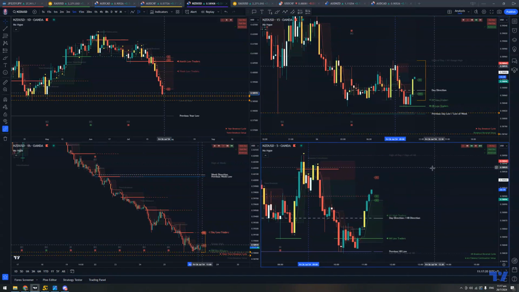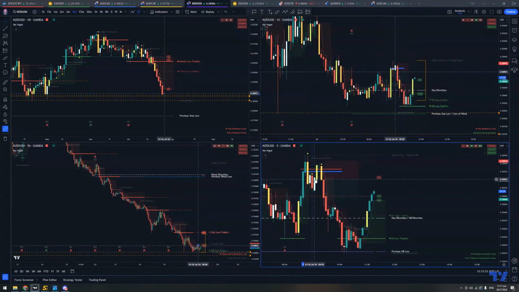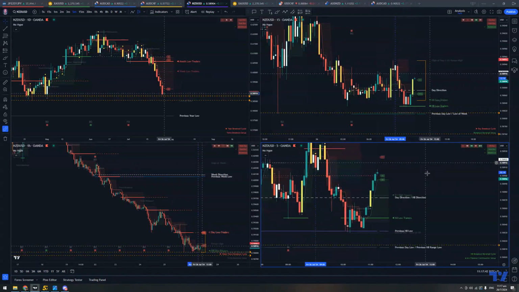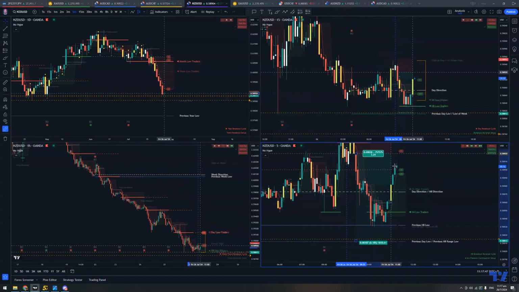I was looking at the last bullish bar, and I plotted that, waiting for a breakout bar in the same direction. It immediately pulled back, gave me another breakout. So here's my new breakout level, and then I got a breakout bar on the downside. So this was my entry, stop loss high of the day, and I aimed for the previous day low as per my rules. Didn't quite get there.